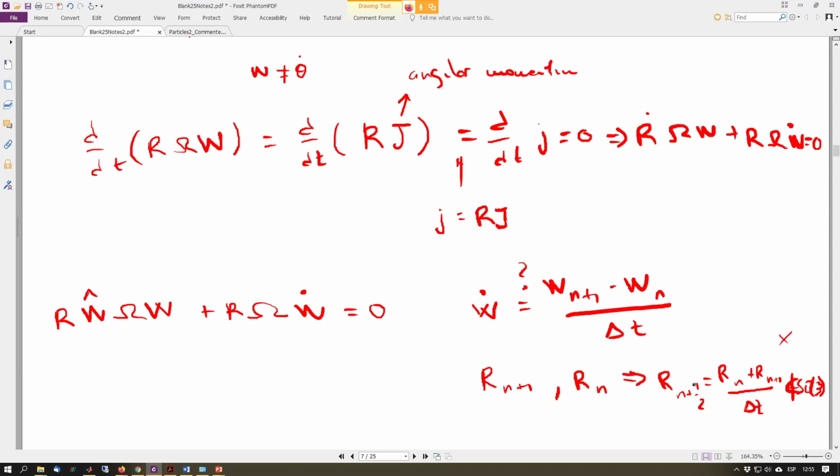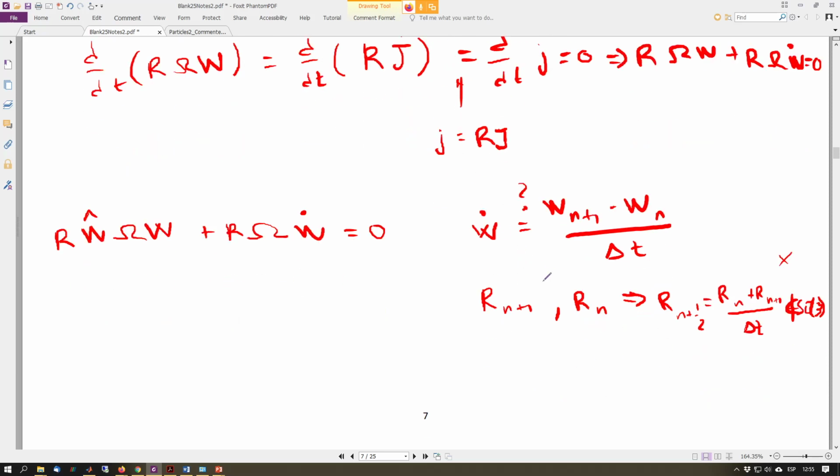So you don't do this averaging, and you also don't do this averaging for the velocities. Well, with respect to the vectors you can, but not with respect to the rotation. So what you may do is state the rotation, which in 2D was this cosine and sine matrix, which depends on theta: my rotation at time n is equal to theta n, and my rotation at n plus 1 would be with respect to theta n plus 1.